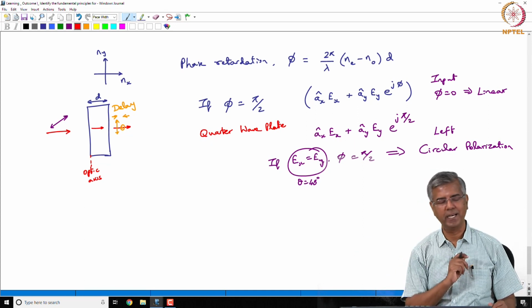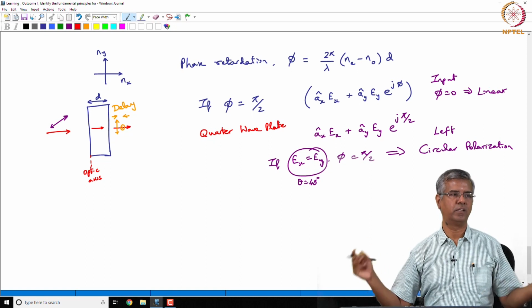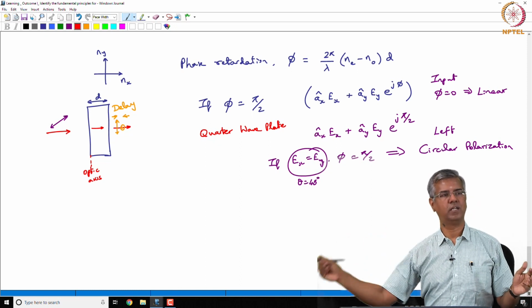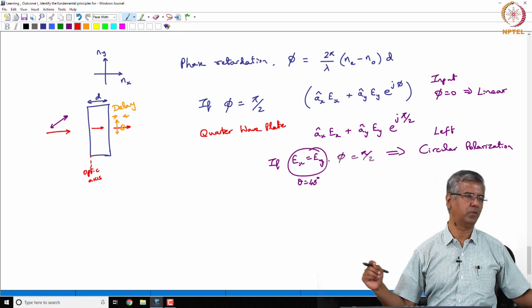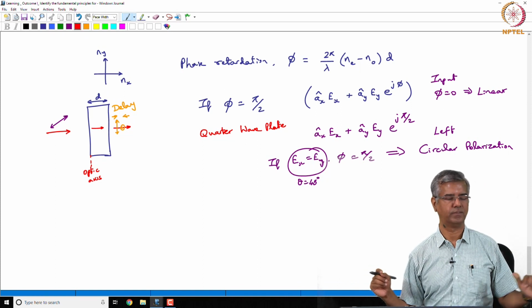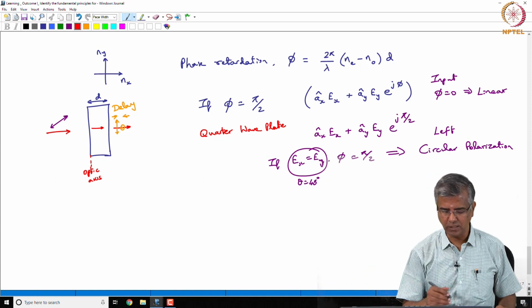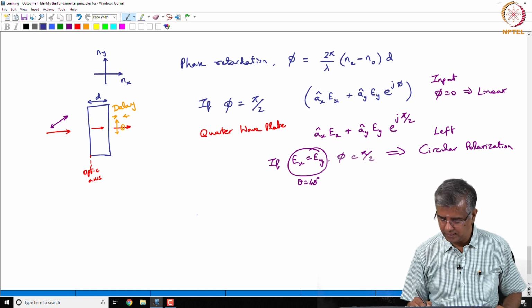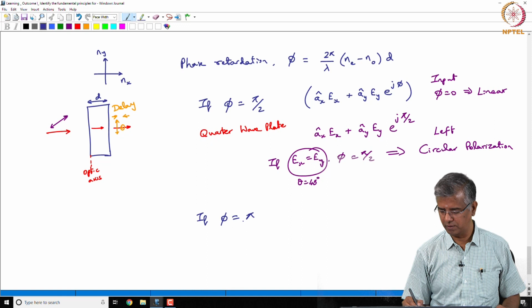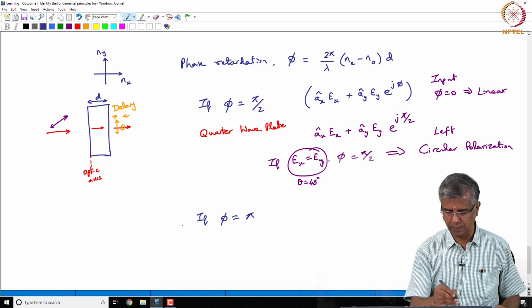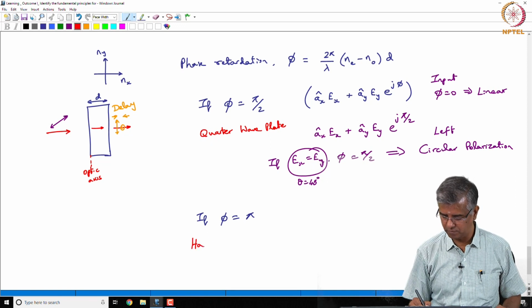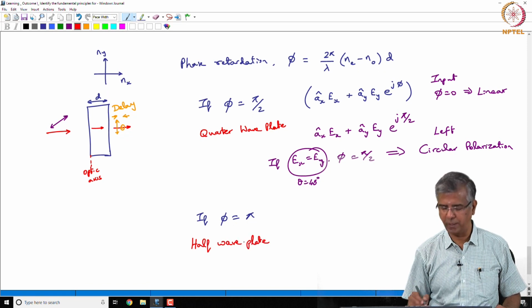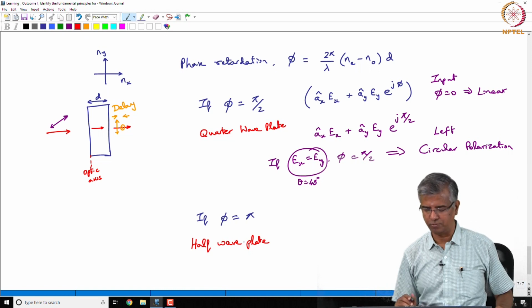If you come back, it is all reciprocal, so that circular polarization will go back to the original linear polarization. So, that is one thing. The other condition is if phi equals pi, which you call a half wave plate, because pi phase difference corresponds to half a wavelength.